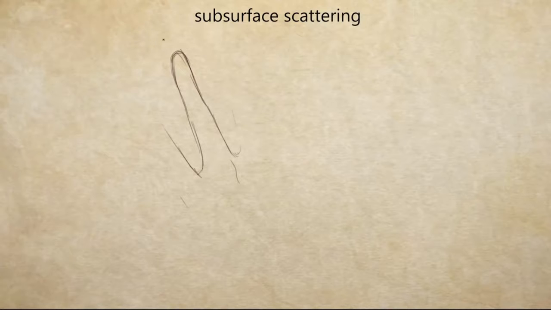For instance, if the light is from the same position as we're looking, we're not going to see as much subsurface scattering, because the light has to pass through this object. Let's say this is the light, coming down like so.